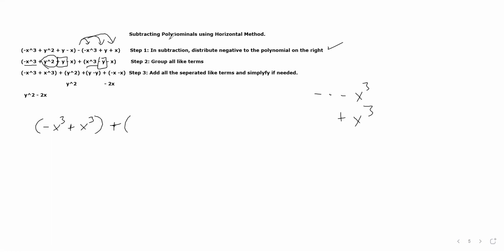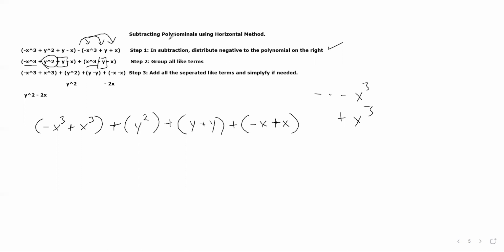Now we're doing this horizontally, so we're not putting it underneath, but we are going to combine all the groups. So y squared, we established that there was no other y squared, so that's in a group by itself. The next one, we have a positive y and another positive y. So we have y plus y. And the last one is going to be a negative x and a positive x.